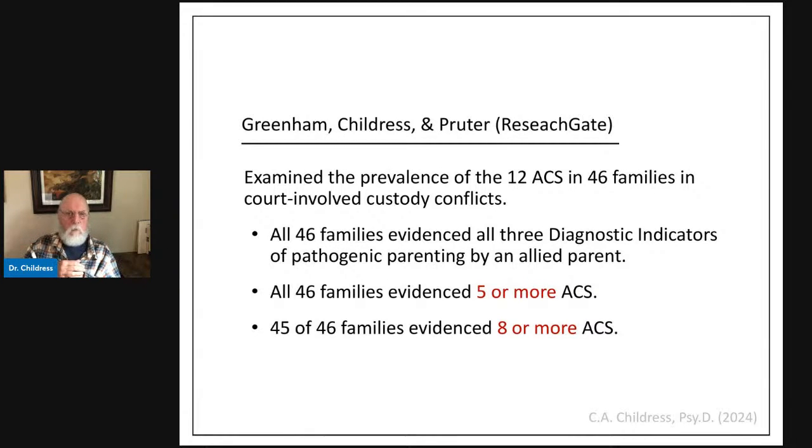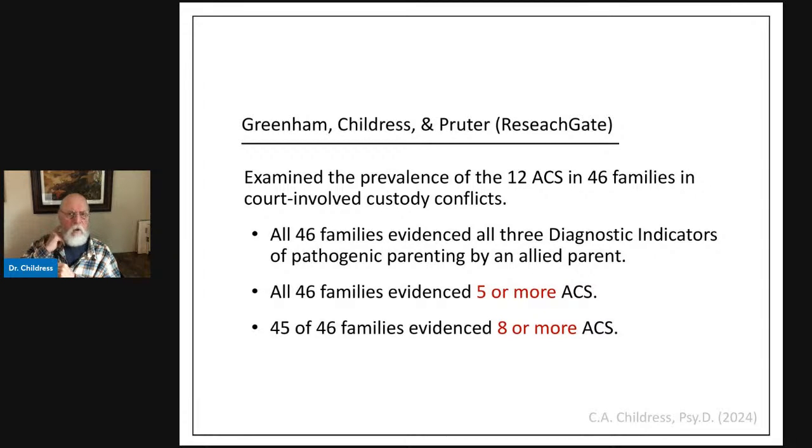She got access to the data compilation, data coding, and tagging from 46 families involved in family court regarding the 12 associated clinical signs. That's one of the things Ms. Pruder tags for. She tags or codes for the 3 diagnostic indicators and 12 associated clinical signs. So we got a frequency count of the 12 associated clinical signs in the families.